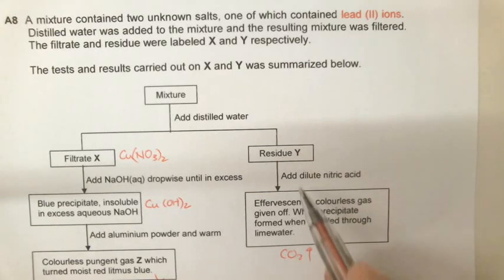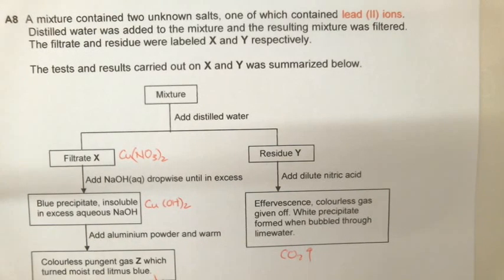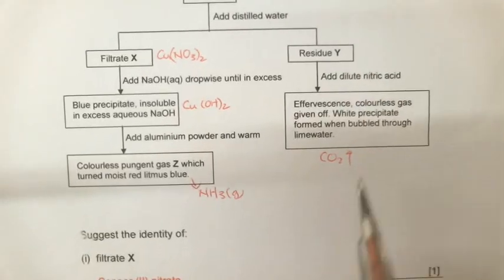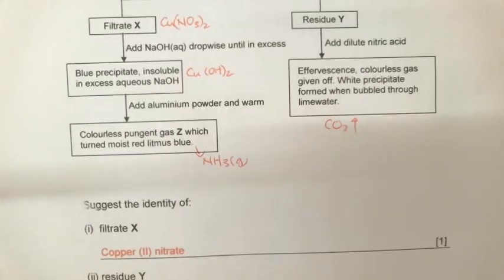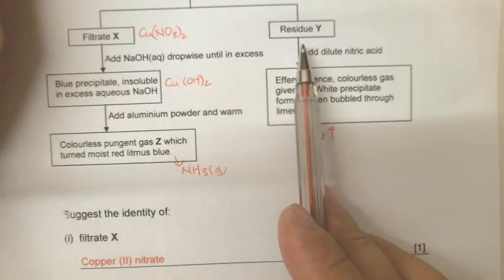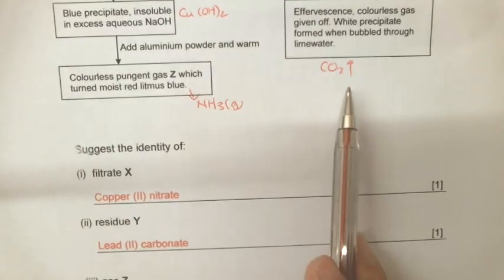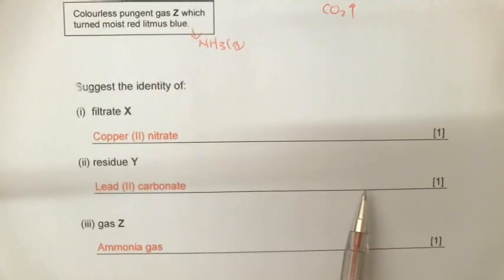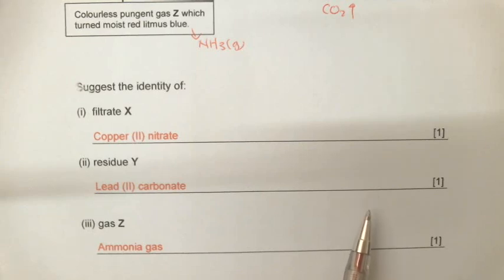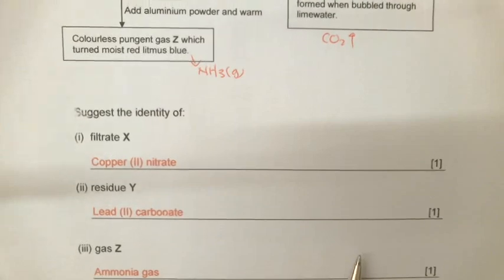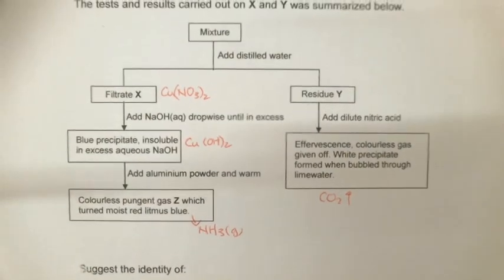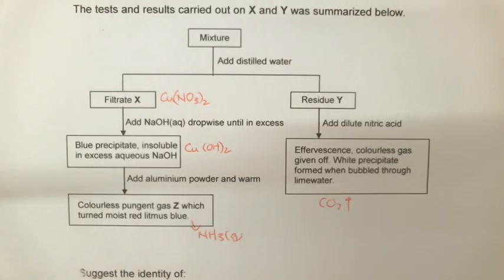So this residue Y should be lead carbonate, isn't it? Because only a carbonate will release carbon dioxide gas. And so we have it for this unusual chemical analysis question. Thank you.